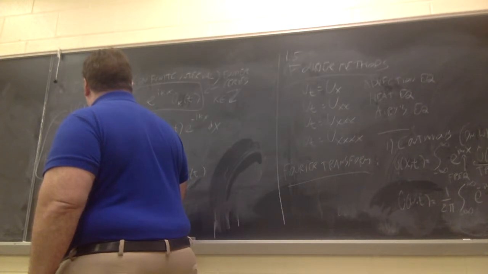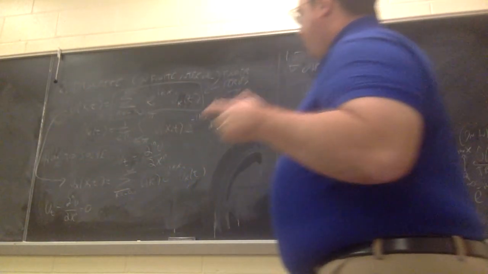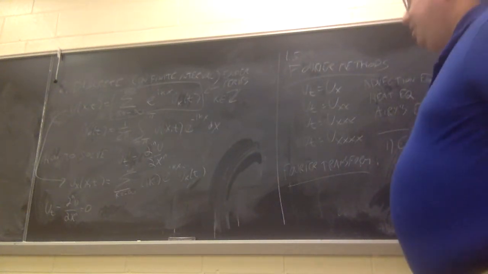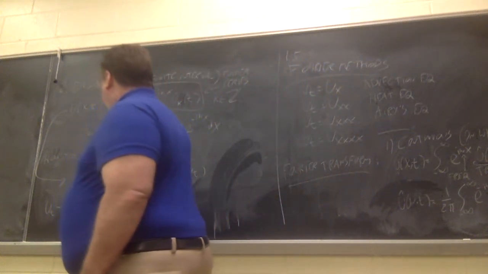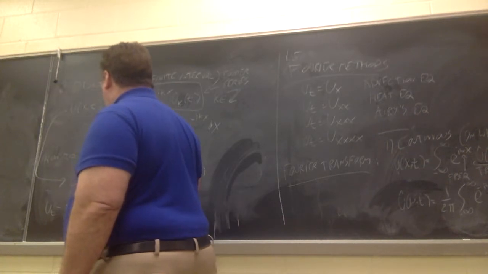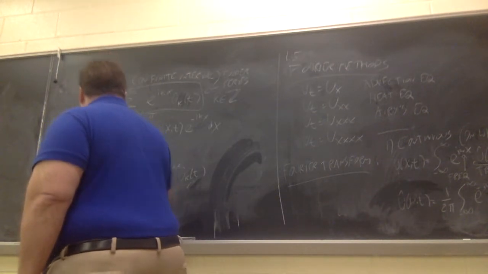You know what? I'm not going to jump directly to that. I want to show you how I get it, even though I'm gobbling up a lot of time. So what I'm going to do with this is multiply both sides by e to the minus ikx.